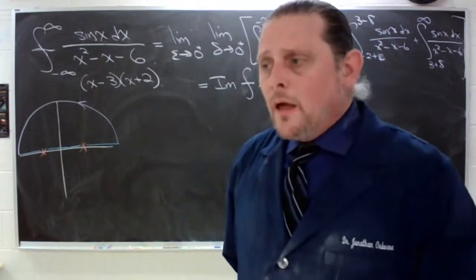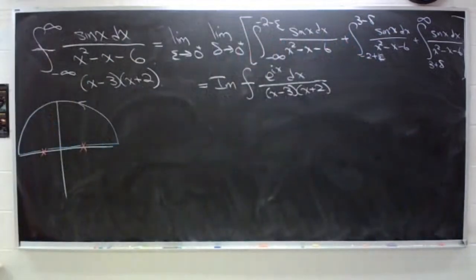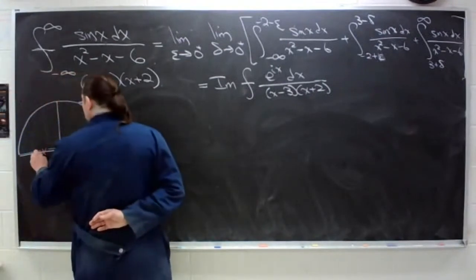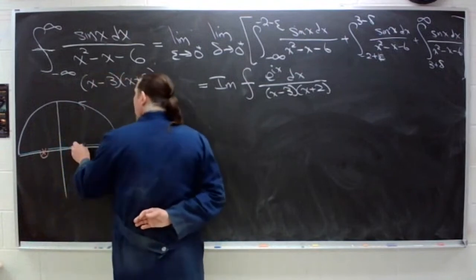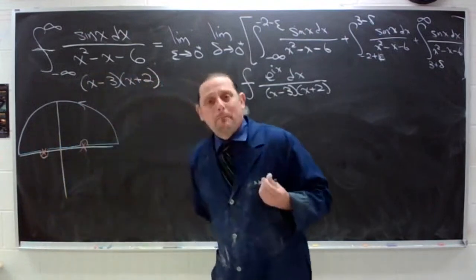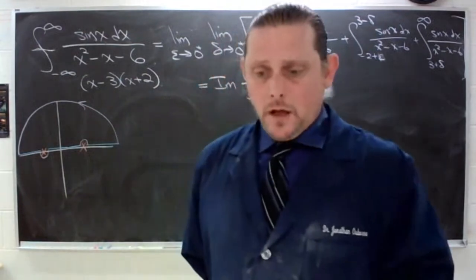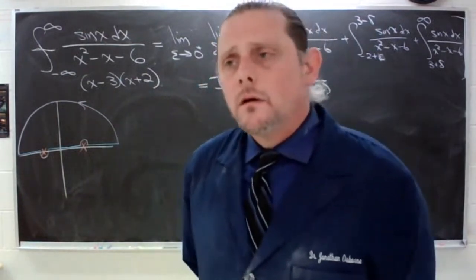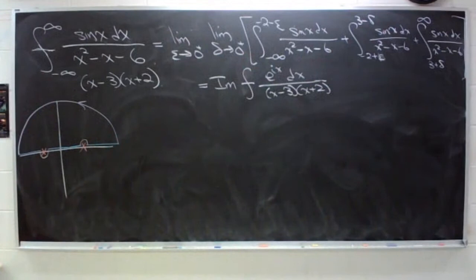Now, the exponential isn't going to give us a problem near the poles. So we could choose to close below or above, and we could do that independently on those two poles.